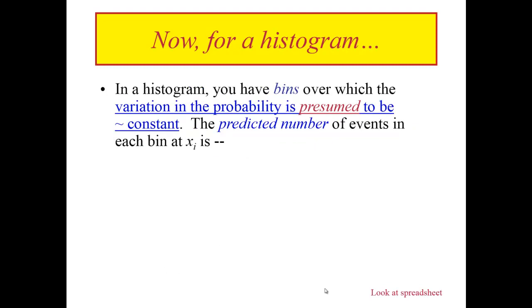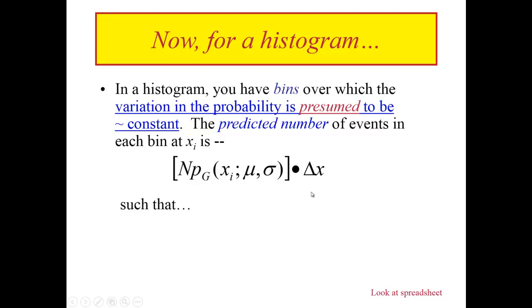A histogram is the display of the frequency of measurements that we obtain when we make repeated measurements, and it's defined for finite bin widths. So the predicted number of events at each bin, if the bin has a width delta x, would simply be this quantity n times the probability of getting a single event at that point multiplied by the bin width. That would give us the number of measurements within that bin.